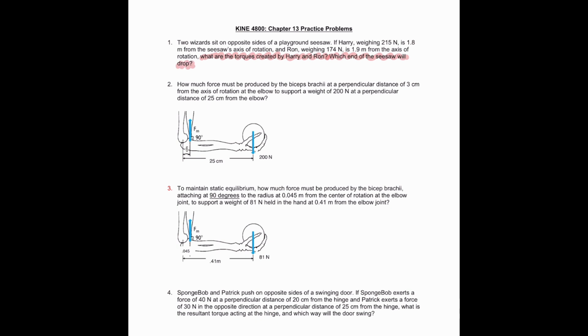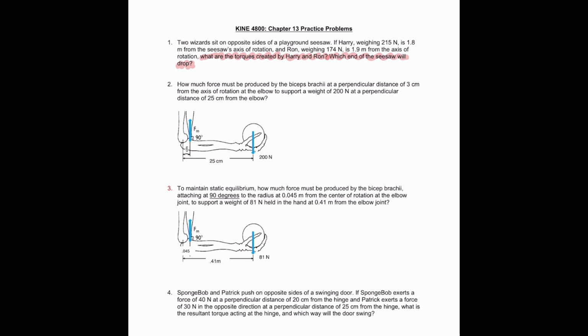So if we look back at the equation for torque, we know torque is equal to force times distance. So just write it up here. In this case, we are given the force and distance for both individuals.